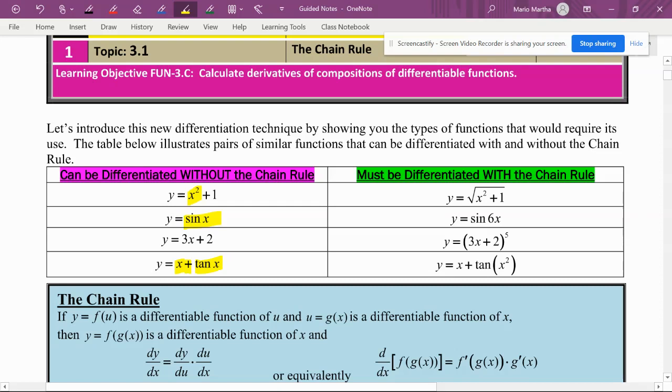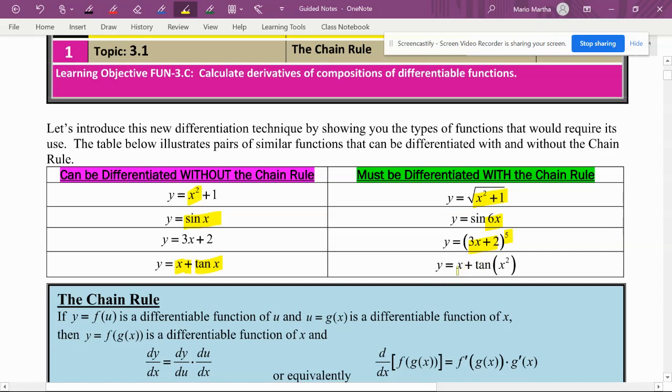So now look at what's different here. If we look at the chain rule, we have y equals the square root of x squared plus 1. On the next one, we have y equals sine of 6x. Then y equals 3x plus 2 raised to the fifth power.